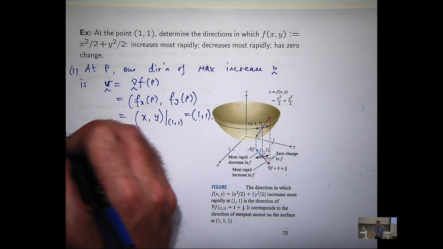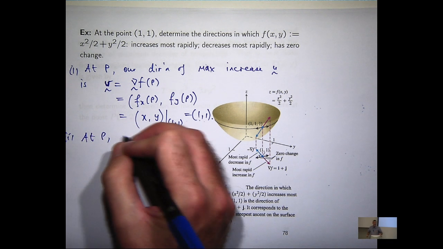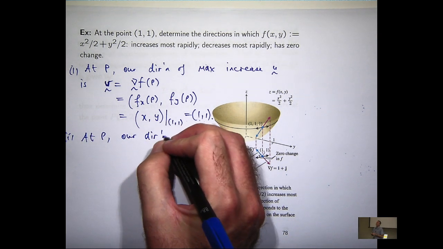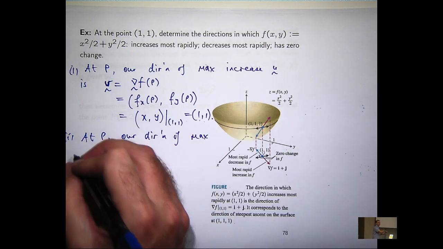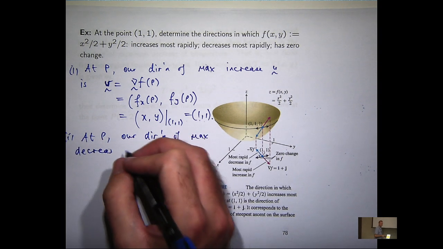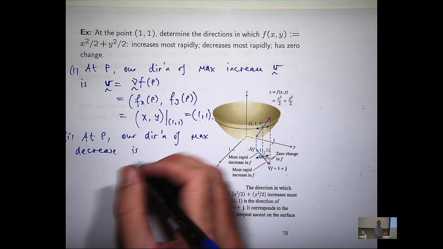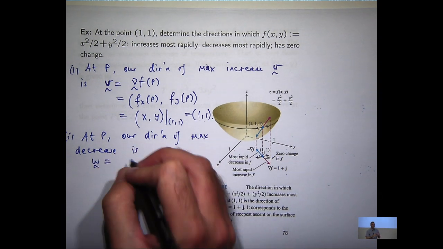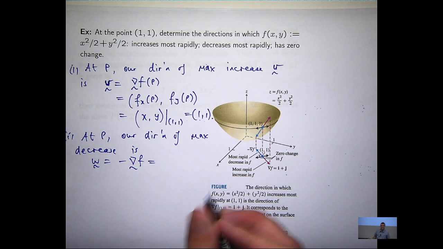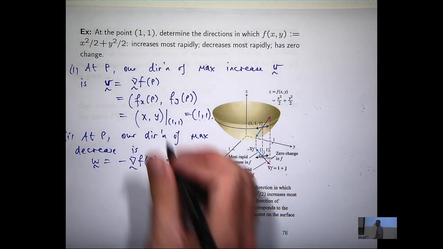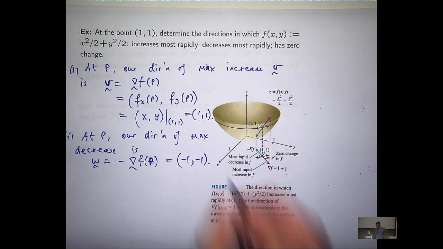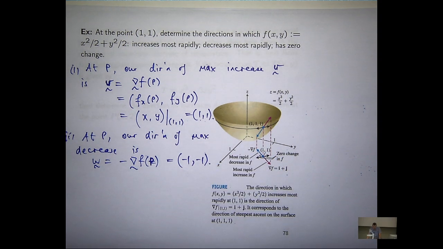So part 2 is just the opposite direction. So let's change that to w. We just change the signs on that, -1, -1. So they're pretty easy, right? Now, it's a little bit more subtle when you want to work out the direction of 0 change.